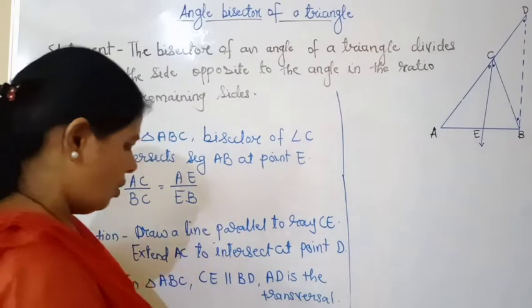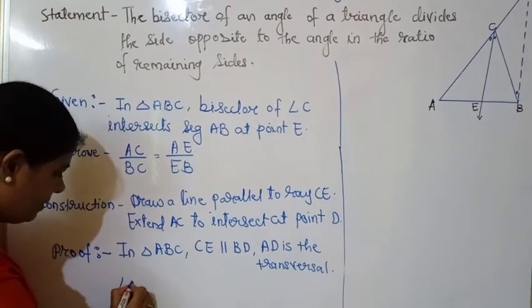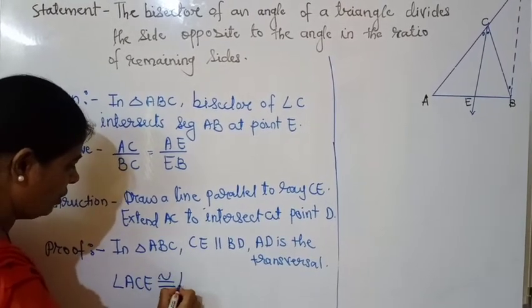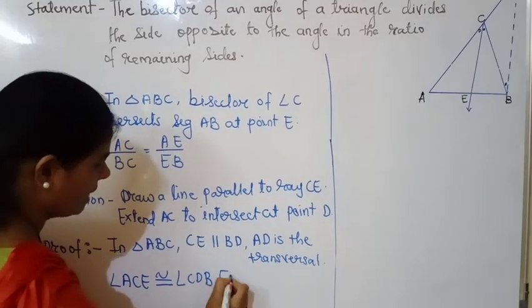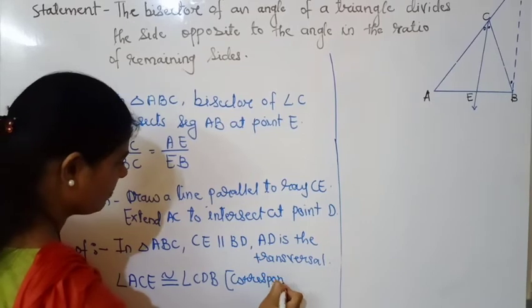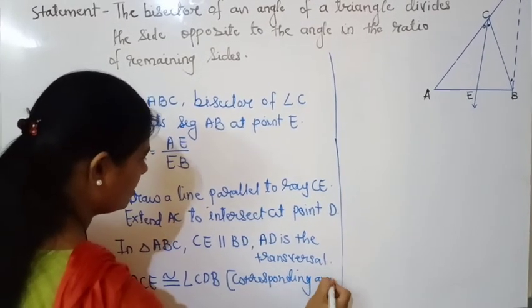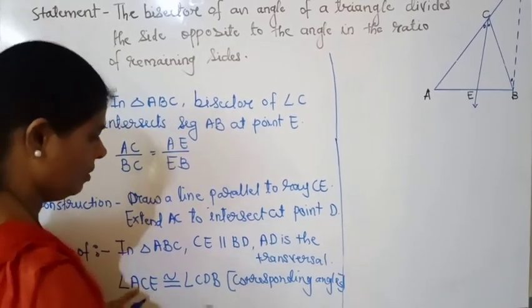So these are the corresponding angles. So we will write here angle ACE is congruent to angle CDB. We will write the reason, that is, corresponding angles, and we will number it as number 1.